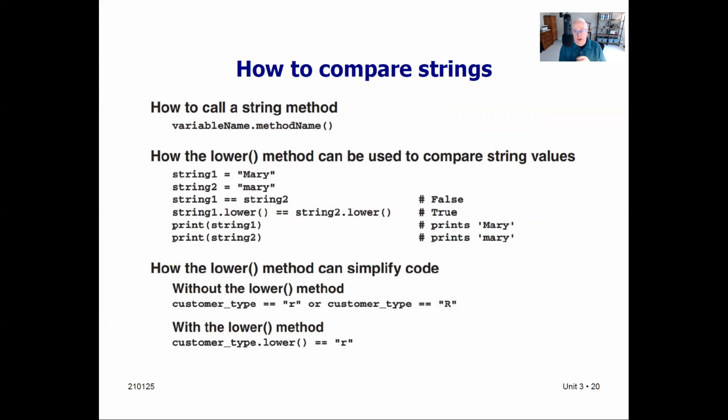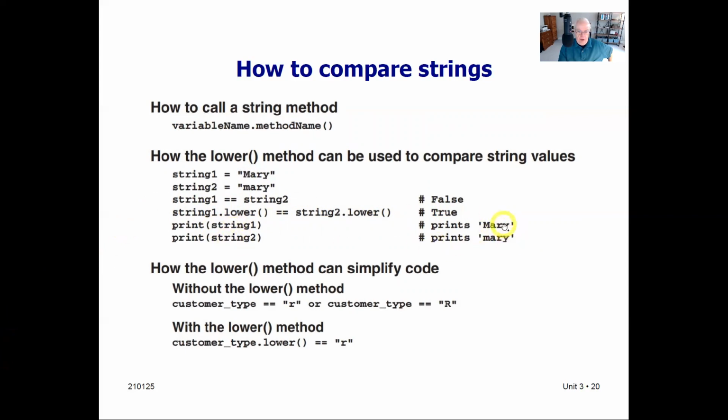And then if we use the equal to operator, Boolean expression, string 1 equal to string 2, we're going to evaluate to false there because of that capital M. So if we run the strings through the lower method in the fourth example, now that equal to is going to come out true, because that negated that uppercase M. Then we can go ahead and print the strings.